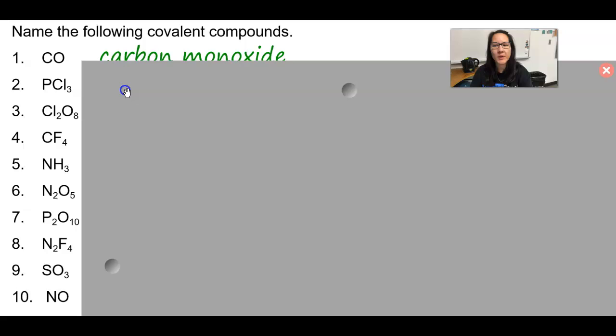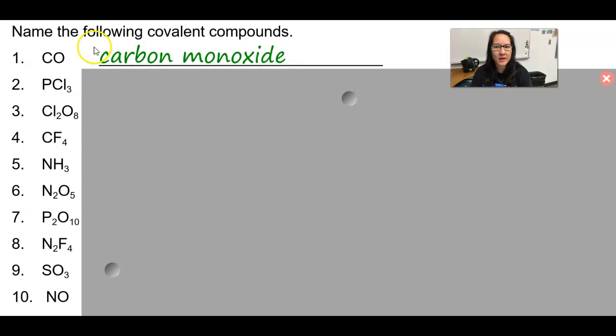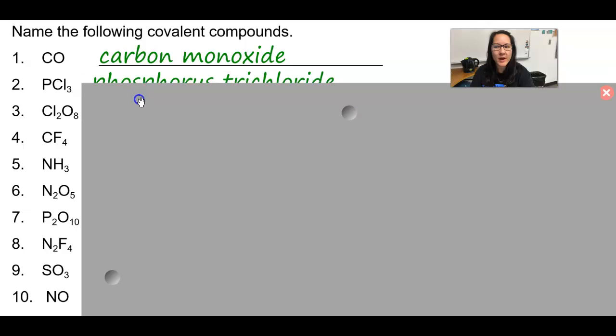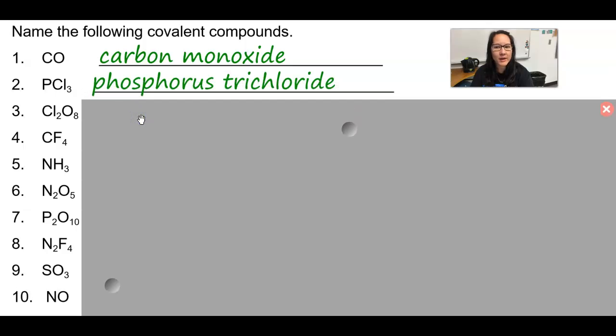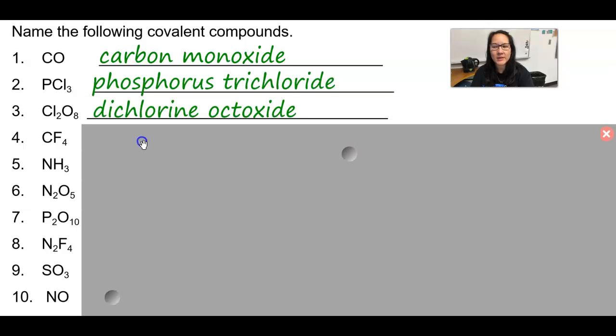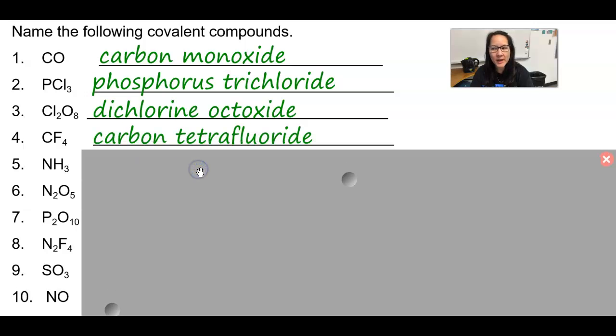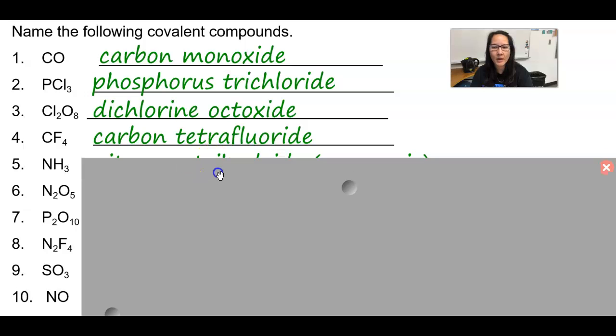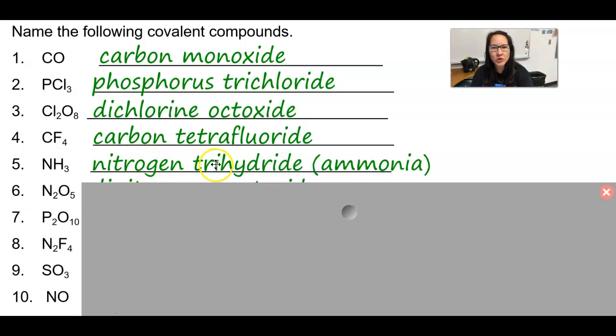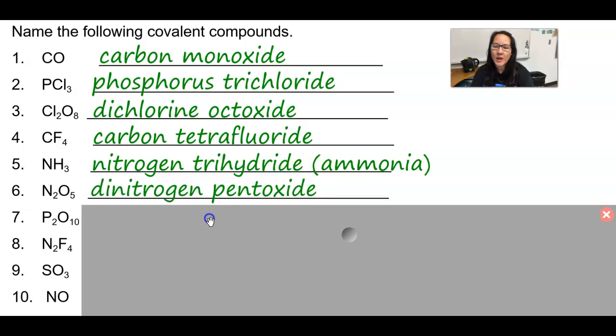CO is going to be carbon monoxide. We don't start the name with mono, so it's not going to be monocarbon monoxide, just carbon monoxide. PCl3 is phosphorus trichloride, Cl2O8, dichlorine octoxide, CF4, carbon tetrafluoride, NH3, nitrogen trihydride, which has a common name of ammonia.